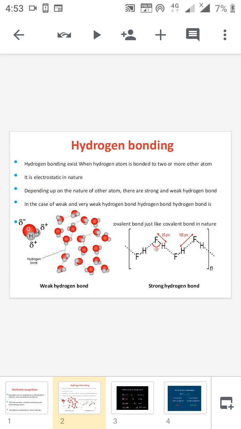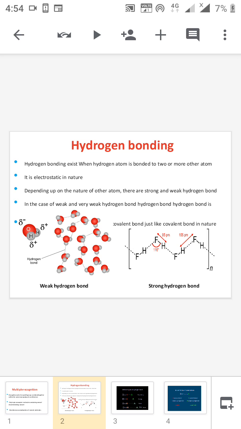So the hydrogen bonding can be classified into four different types: very strong hydrogen bonding, strong hydrogen bonding, weak hydrogen bonding, and very weak hydrogen bonding, which is mainly due to the nature of the other group which is hydrogen bonded.